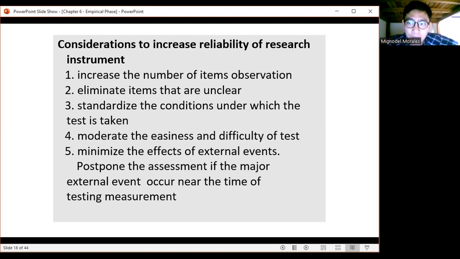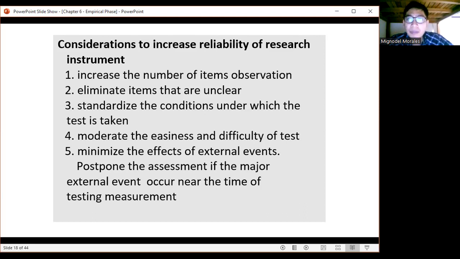Again, standardize the time, standardize the area, standardize the setup, okay? So for us to limit the biases, or the external factors. Moderate the easiness and difficulty of the test, minimize the effect of external events. Postpone the assessment if a major external event occurs near the time of testing.